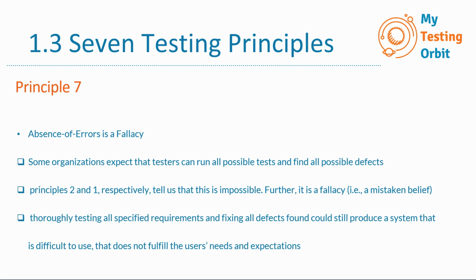At the end we came to know that the system doesn't have any defect, or has few defects, but it's still of no use to the customers because it's not meeting their requirements. So it proves that absence of errors is a fallacy.